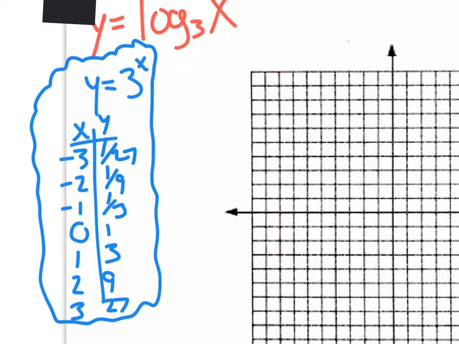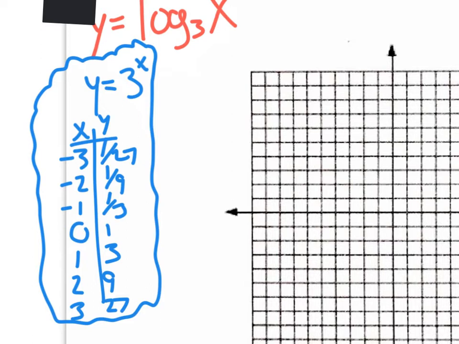So what do we know about exponential functions compared to logarithmic functions? They are inverses of each other. Yay. Now, what's the definition of an inverse? How do you find the inverse? You switch x and y, correct?